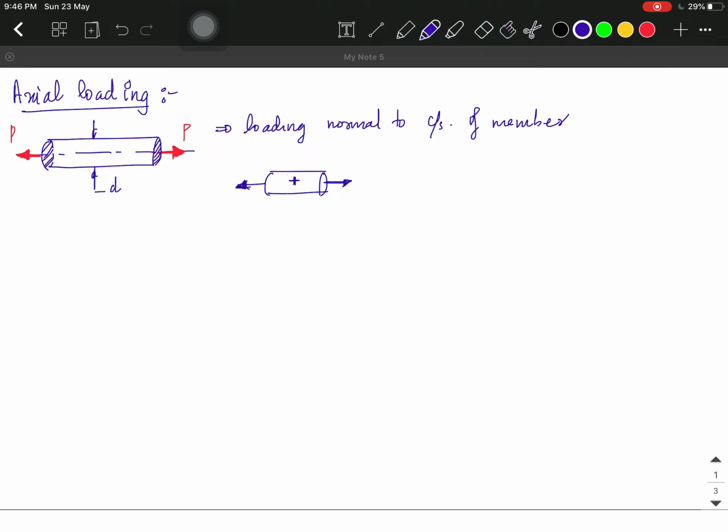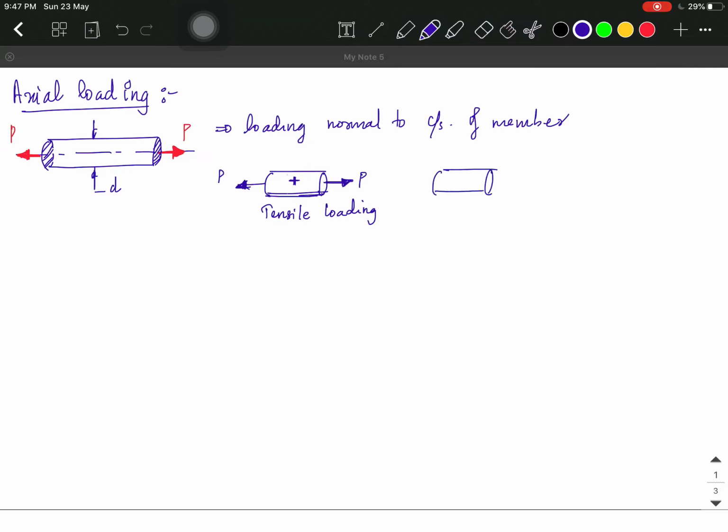Generally, the loads that are acting out of this member are treated as positive, or the positive load P is also called the tensile loading condition.